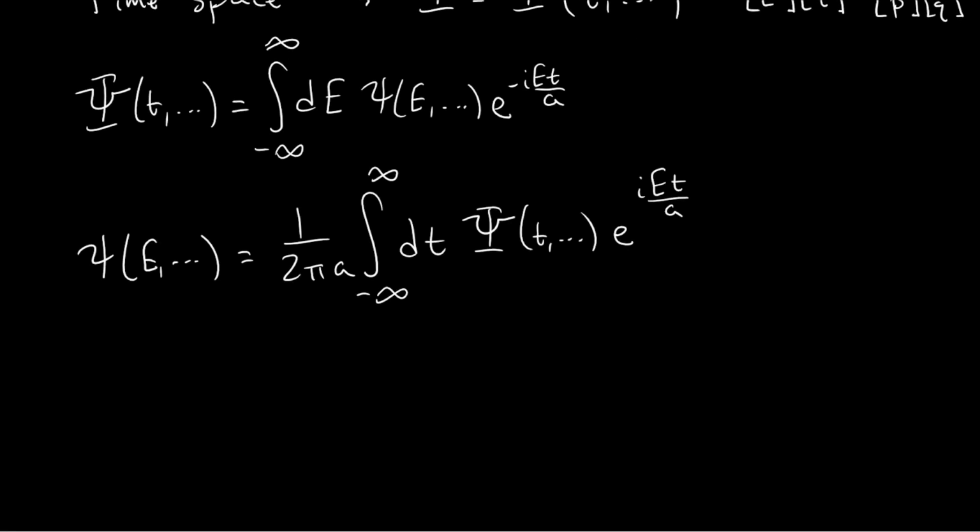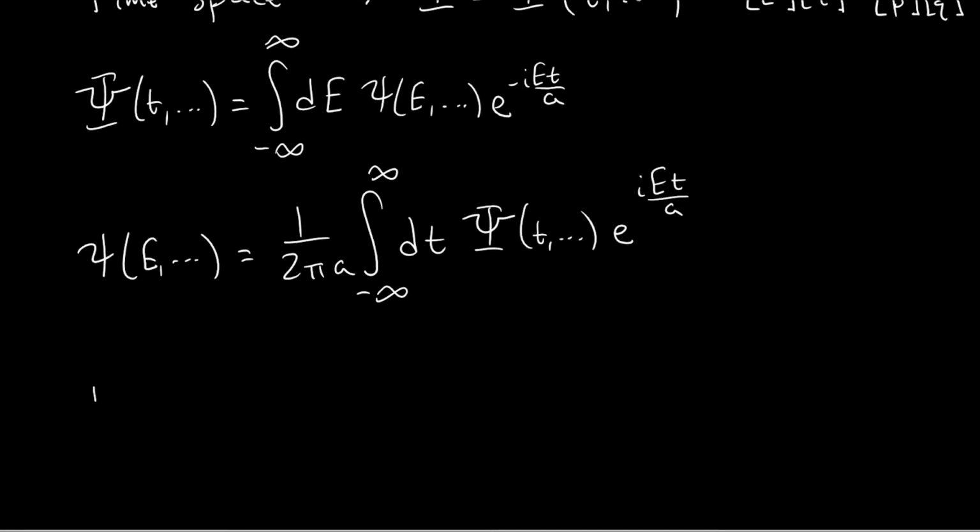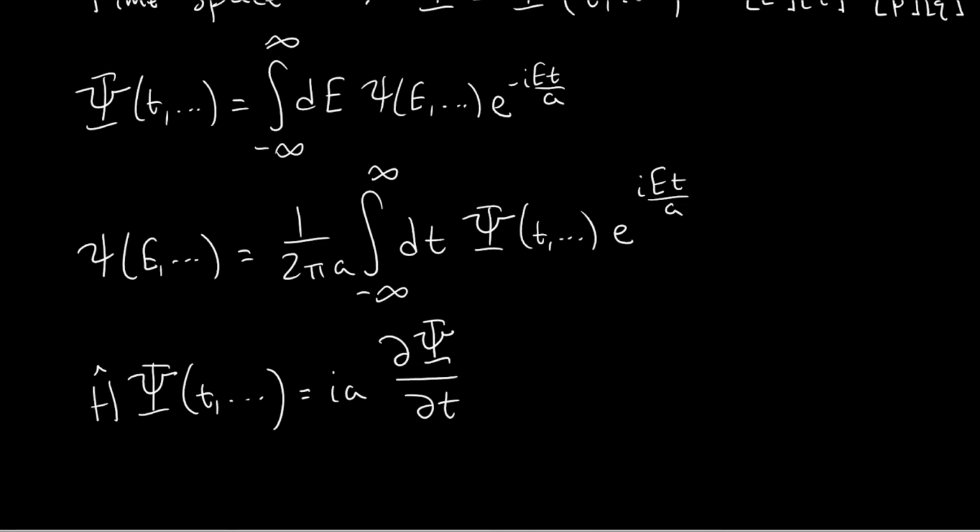So now, when I take my Hamiltonian operator and I act on psi, which is a function of t, well, we already saw what happens. I get i a times the derivative with respect to t.